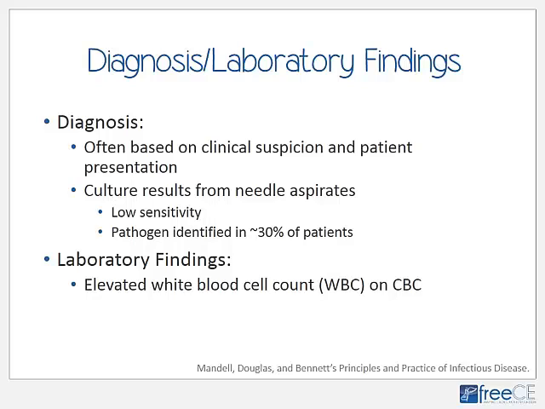We've already talked about the common etiologies being primarily gram-positive in nature, and depending on your location or other risk factors, you may consider covering for other bacteria, but predominantly we're talking about an infection typically caused by strep or staph. In addition, we may have some laboratory findings. There may be an elevated white blood cell count on CBC, but ultimately it's based on our clinical presentation and that local area that's red, tender, and painful.